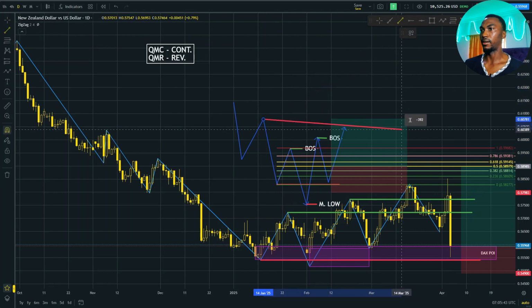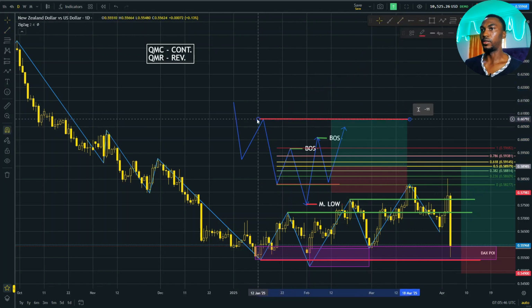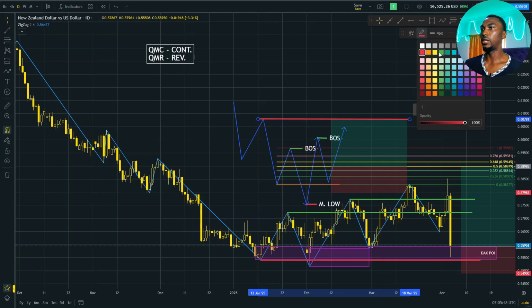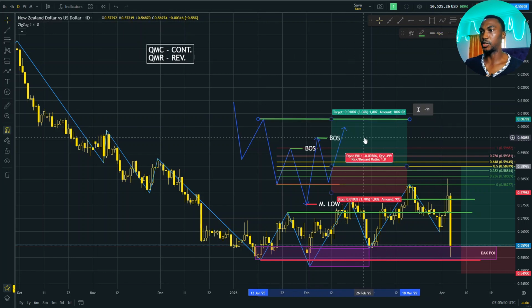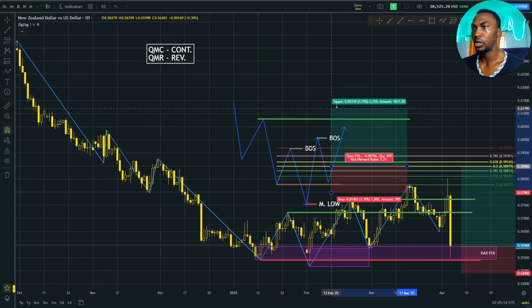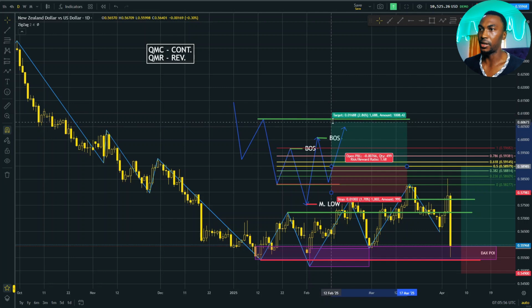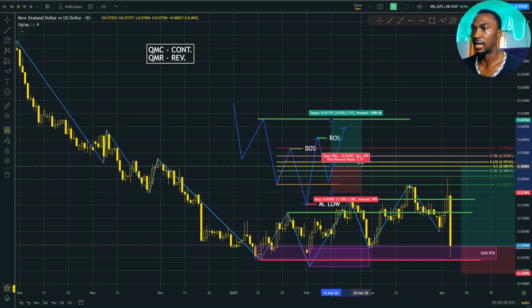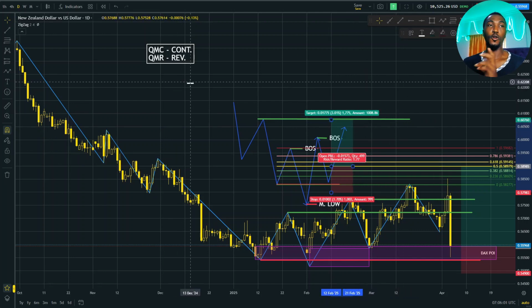So they could be aiming for one of these, or based on their calculation, they could have a set risk to reward ratio, which could be 2, 3, 1.5, whatever it could be, name it. This is their own expectation. Now, that is for Quasimodo reversal.